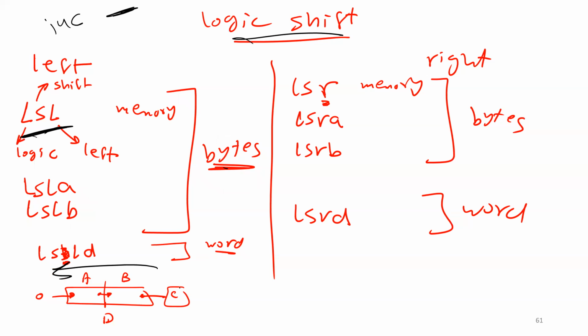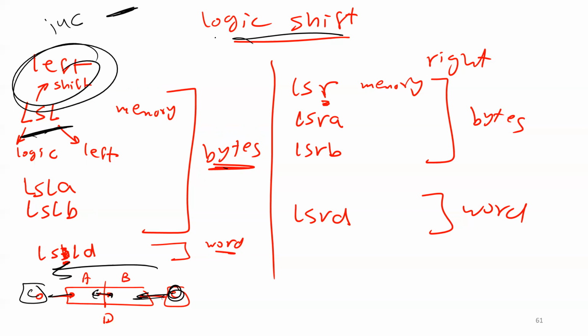I think there's something wrong here. You have to put 0 here. You have to shift in 0, and then the last one has to go to the carry. In case of right, you shift in 0, and the last one goes to the carry. So to make it left, okay, here you shift in 0, and the last one has to go to the carry, and whatever is here is going to come here because it's just one word.